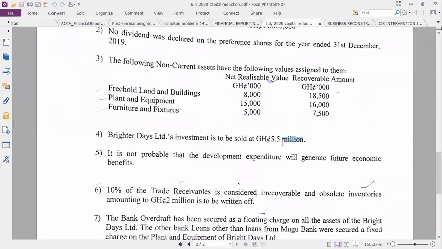Then what again? It is not probable that the development expenditure will generate any economic benefits. So for development expenditure, there's no going concern value. So it must be scrapped off.